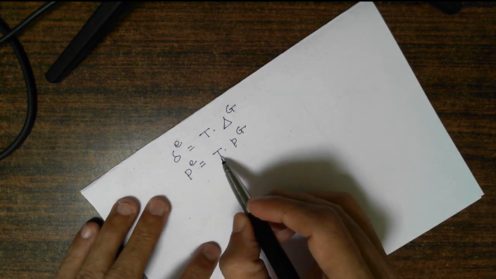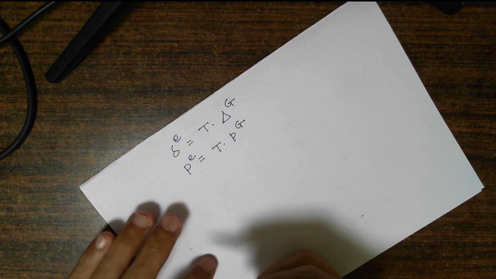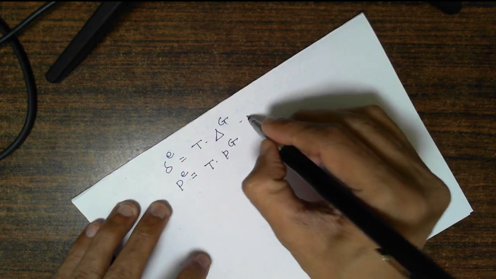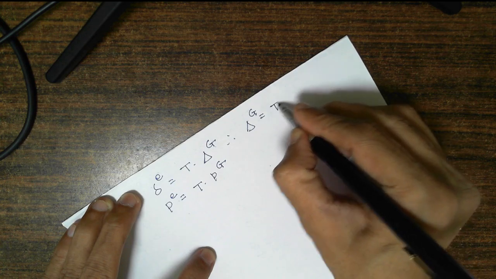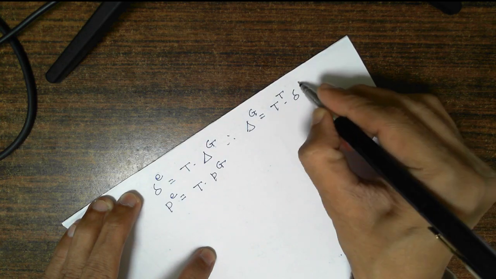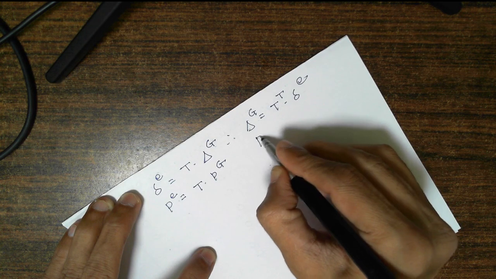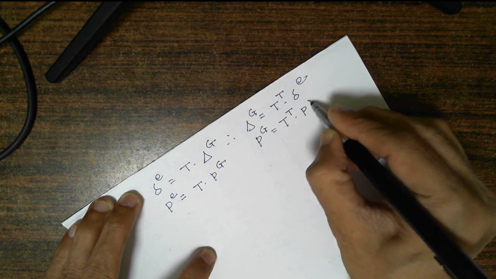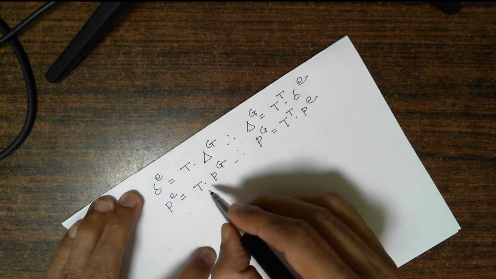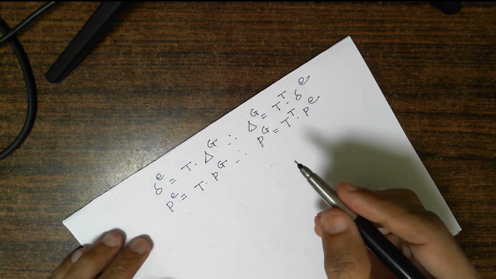Local force is equal to T global force, and we can write therefore delta global is equal to T transpose delta element. P global is equal to T transpose P element. This relationship can be derived from this T inverse. T inverse is nothing but T transpose.